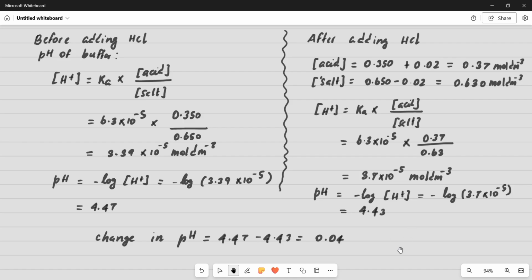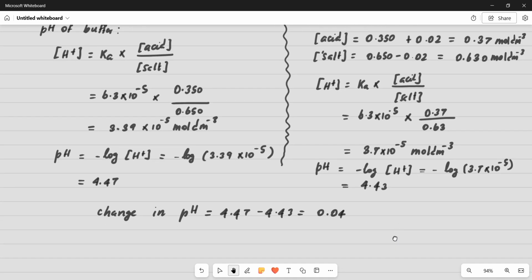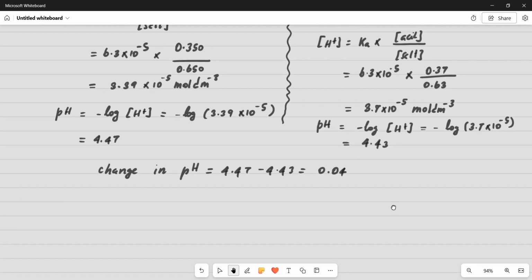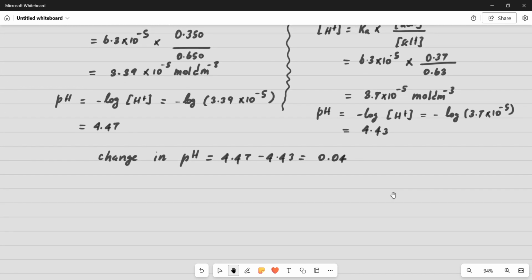That is also okay, but I used here a two-step method, finding H plus and then pH. You can even use the direct equation, which is pH is equal to pKa plus log of concentration of salt over concentration of acid. You can use this equation to get the pH directly when you know the concentration of acid and salt.